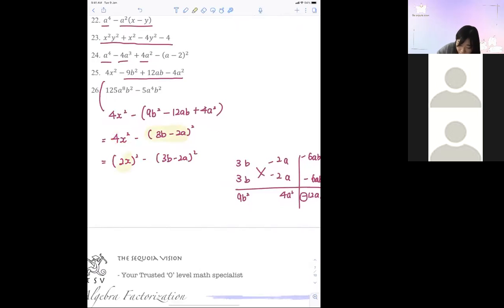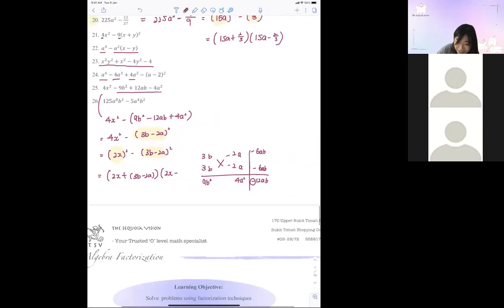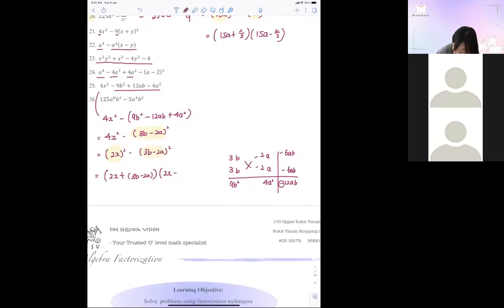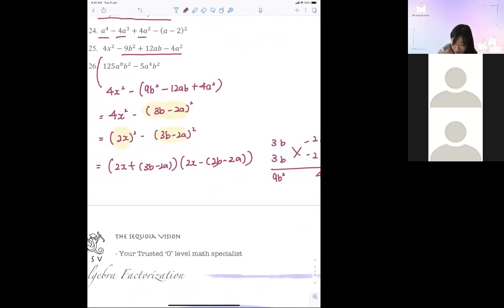So can you see your A square minus B square? A square minus B square is A plus B, and then A minus B. Remember, we can't have bracket in the bracket, you must split it.